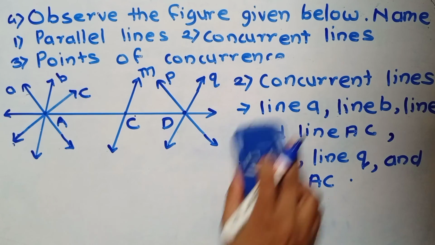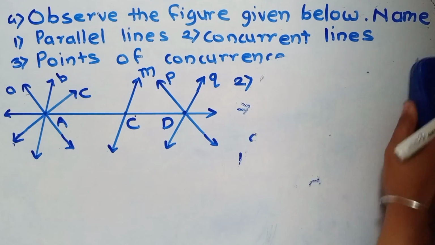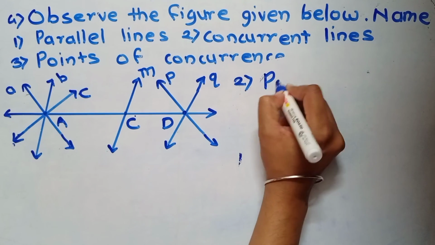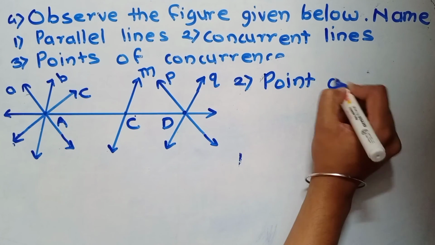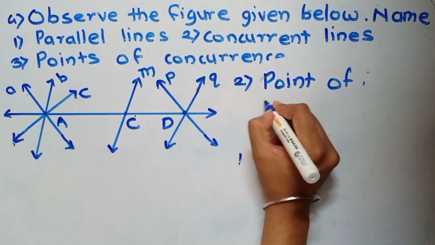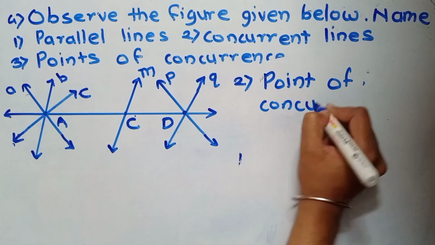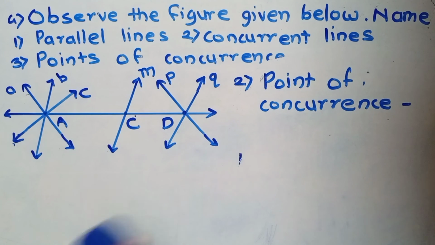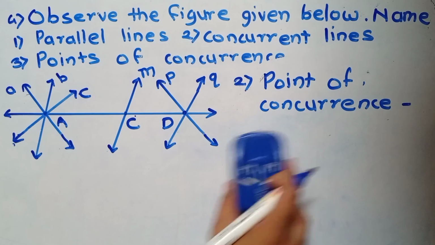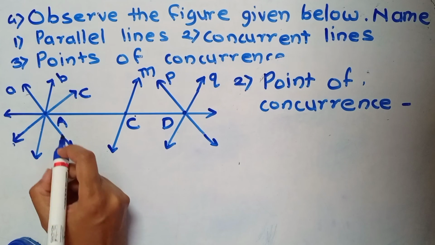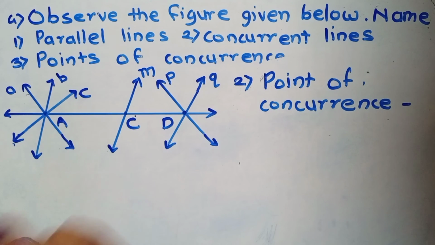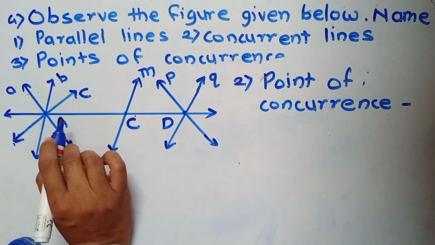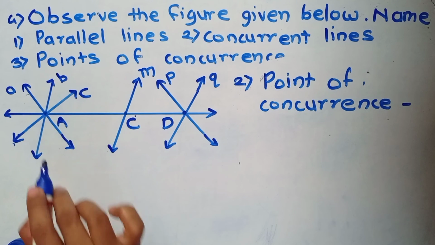Okay, next is point of concurrence. Point of concurrence means the common point through which many lines pass.